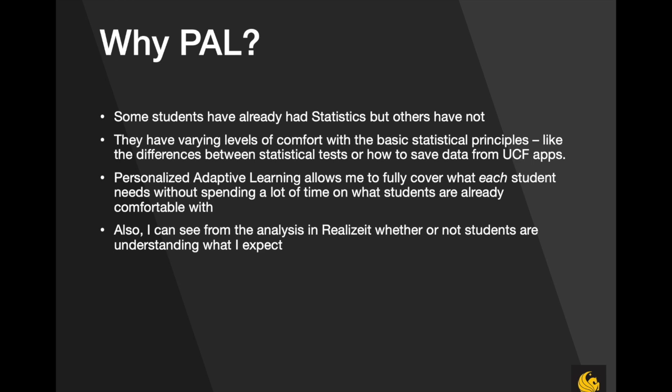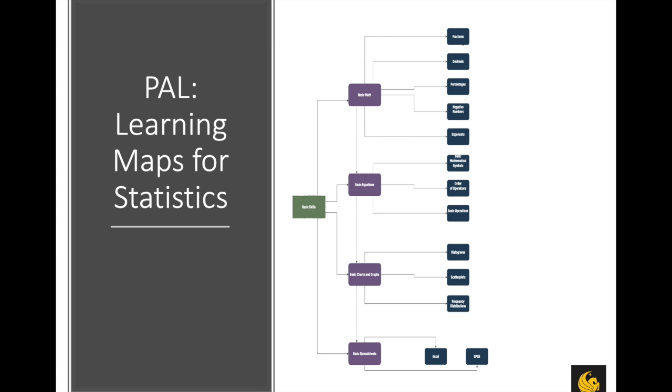Student A can spend a lot more time with the technology aspect, where student B can spend a lot more time with the statistical tests. So I can also see from the analysis and realize whether or not students are understanding what I expect. I can see how long they're spending on these modules, and of course how they're doing on the assessments, and so that's another advantage for me.